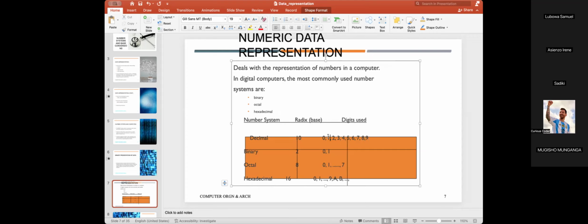This is 1, this is 2, 3, 4, 5, 6, 7, 8, 9, 10. So they are 10 numbers. This kind of system is what we use in everyday counting. For example, you can say 12 goats, 36 sheep, maybe 468 laptops and so on. So we use it in our day-to-day counting.